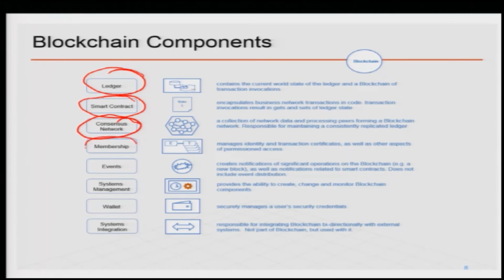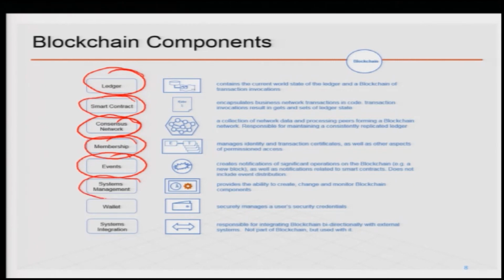Membership service is basically certification or identification for each of the participants, and that has to be there. Events: blockchain transactions may create certain events, and those events might also be used for triggering other transactions. So there is a notion of events.